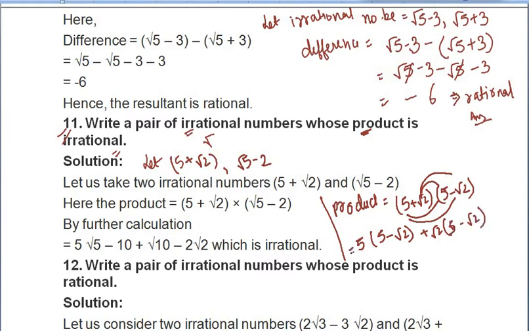So in the next line what will we get? 5 fives are 25 minus 5 root 2 plus under root 2 into 5, 5 under root 2, minus under root 2 into under root 2 will become 2. Now here minus 5 root 2 and plus 5 root 2 will get cancelled. 25 minus 2 is left. 25 minus 2 is 23 and 23 does not have any under root, that means it is a rational number.